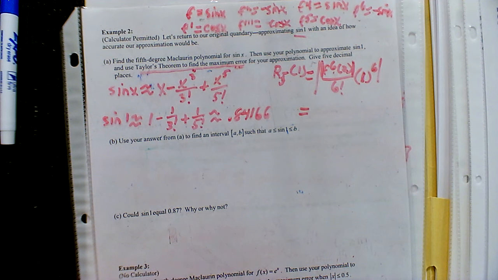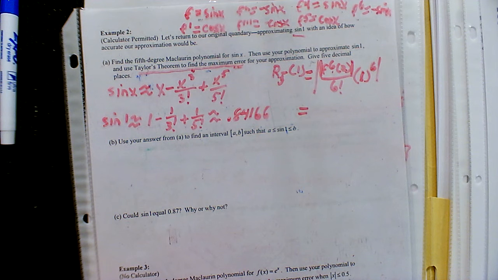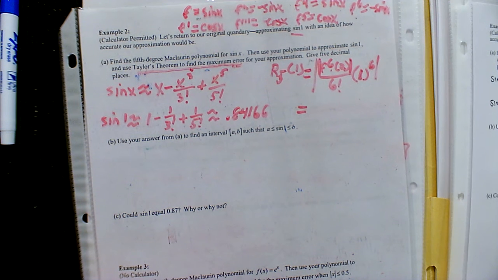It says z is an x value on the interval that we're looking at, 0 to 1, that maximizes the 6th derivative, which would in this case be 0, and then you take the absolute value of that. Why don't you do it like that? Because the absolute value is outside of there. It's not on the z or something. That's a good question.